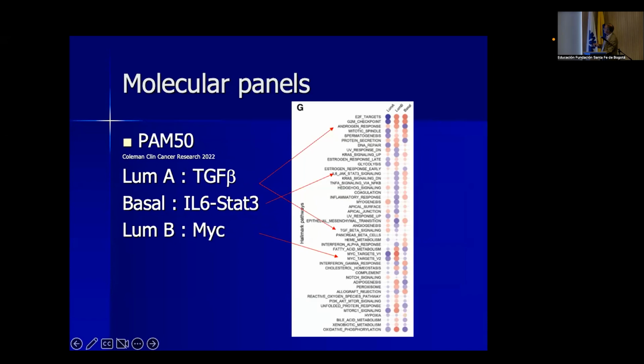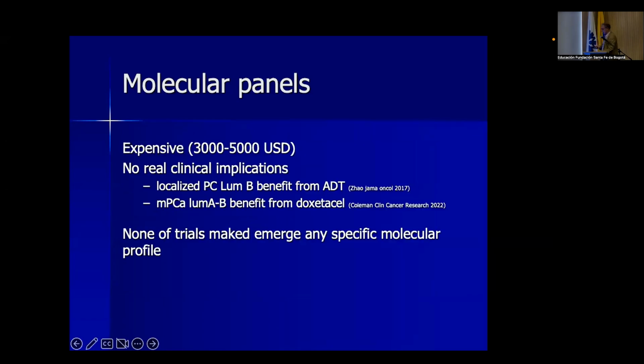The basal has an impact on the interleukin-6 and STAT3 pathway, and the luminal B has an impact on the presence of these three proteins involved in the immune system, the immune response that we'll see later on, with PTEN as an importance in the prostatic cancer. So all these tests are expensive, have no real clinical impact, and need more trials to appreciate their impact on the aggressive prostatic carcinoma.